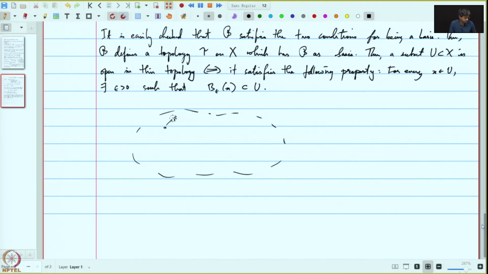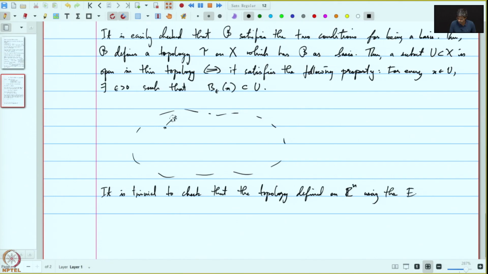So it is trivial to check, and this is left as an exercise, that the topology defined on Rn using the Euclidean metric is the standard topology. Okay, and this check is left as an exercise.